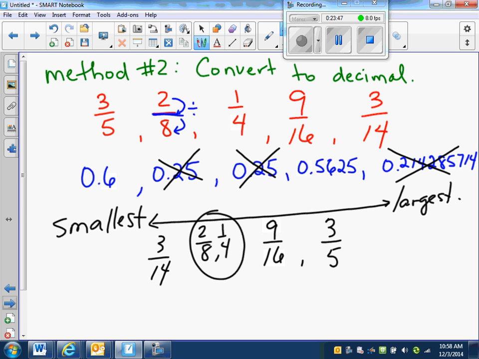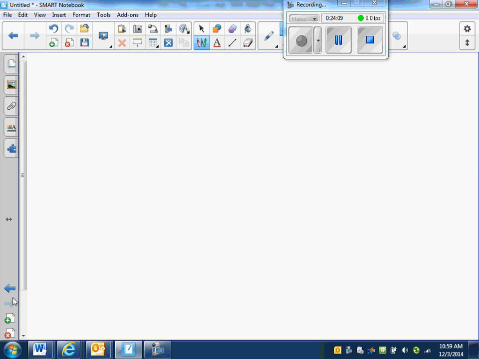As you're looking at different stores, as you're price comparing, if you're going to buy 3/4 of a pound of cheese, and in one store it's $2.50, and another store it's $4, and you do price comparison, if you're good with numbers, it's going to save you a lot of money as you're shopping. Okay, so there's a lot of different reasons to keep up on this. So know method number 1 and number 2, common denominator or convert to decimal form.